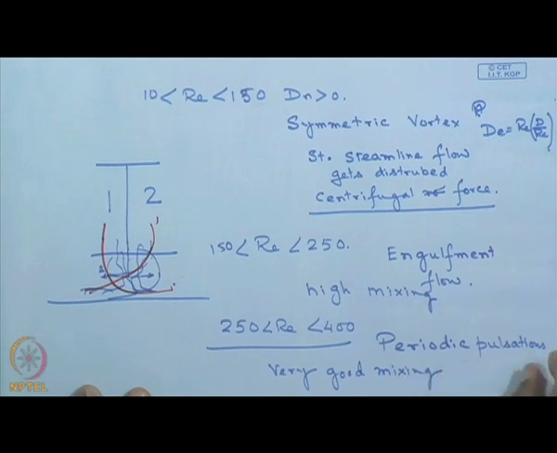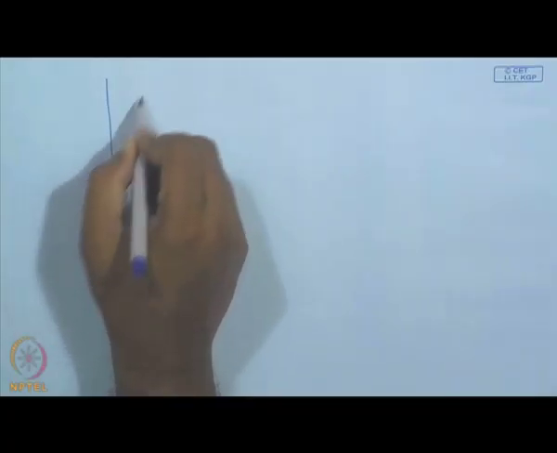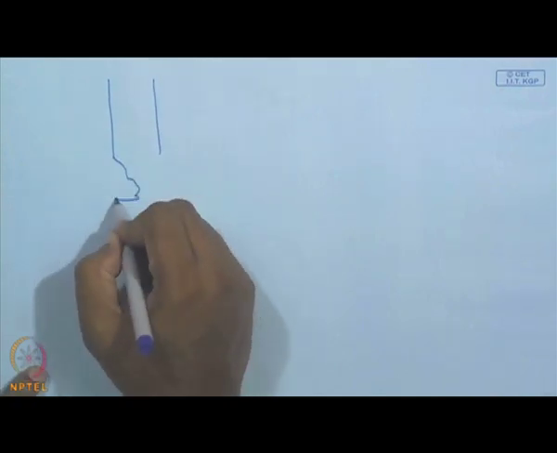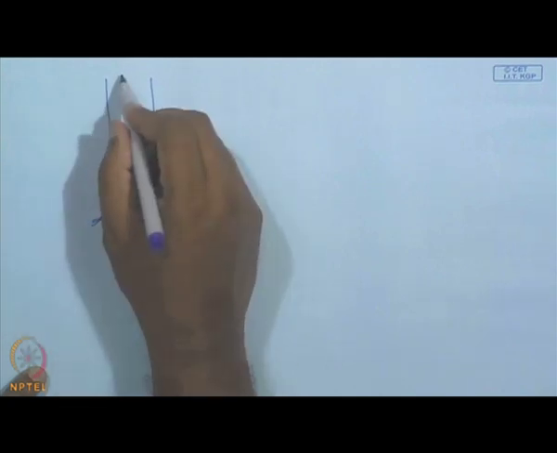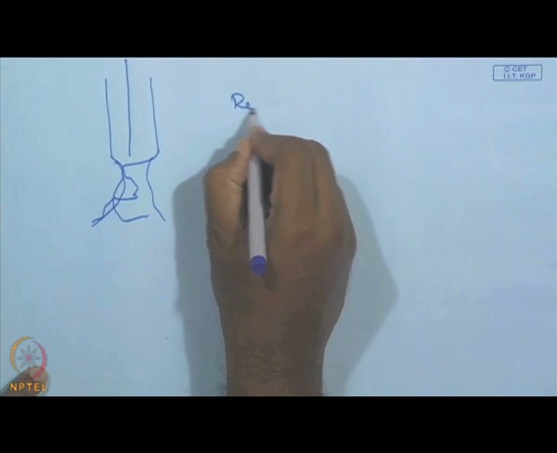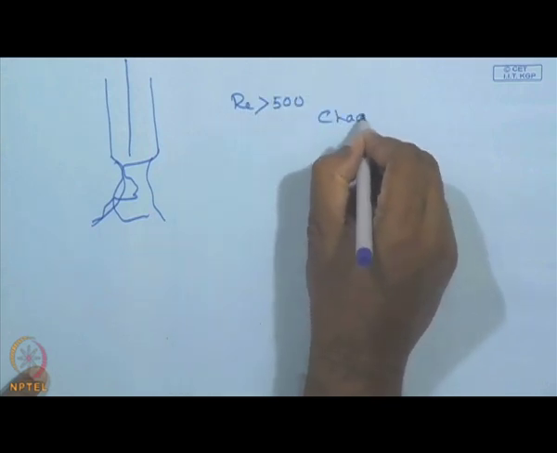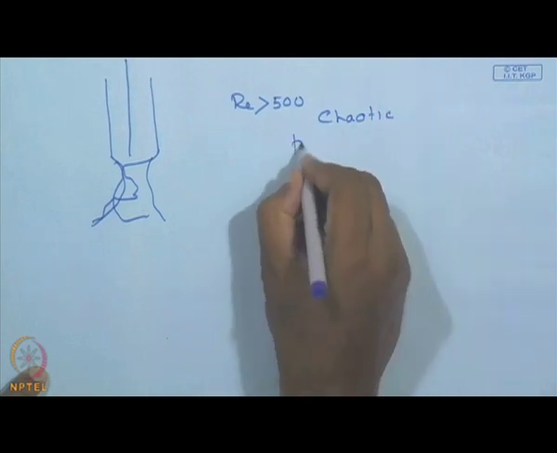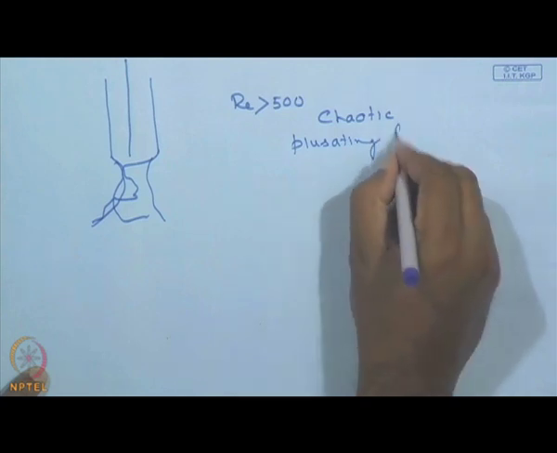and if the Reynolds number is greater than 500, then what we have is a complete mixing of these two liquids. So for Reynolds number greater than 500, it becomes chaotic pulsating flow.